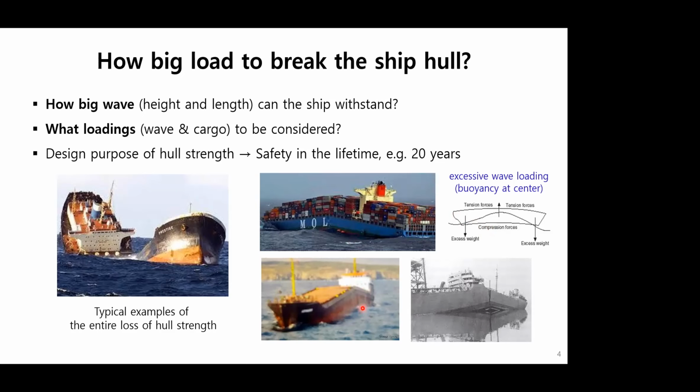These catastrophic structural damages very rarely happen during operation at sea, but it can also happen even though the probability is very low, especially when the ship encounters more serious wave loading than the design wave of lifetime.